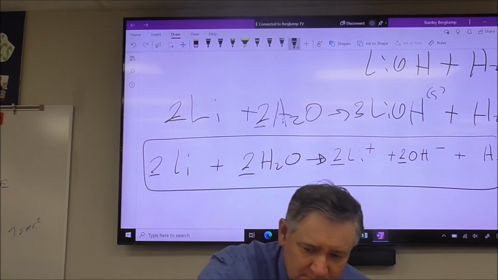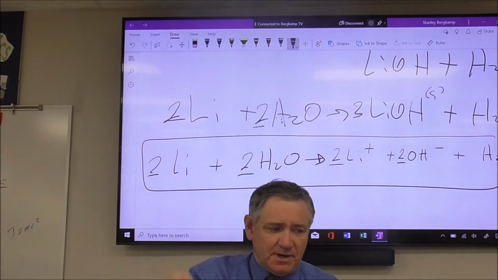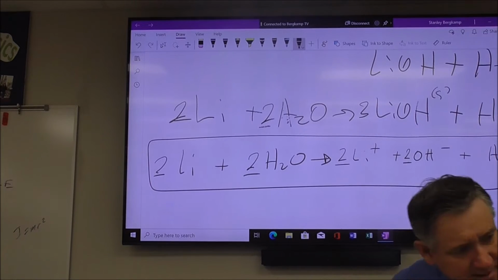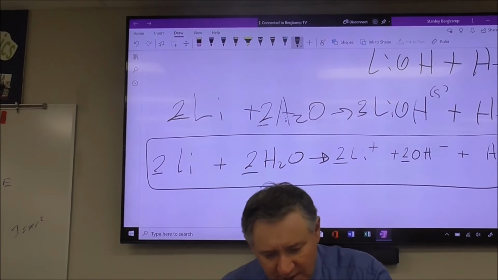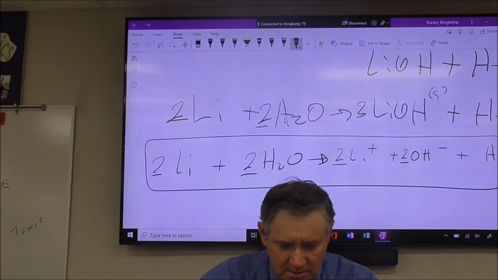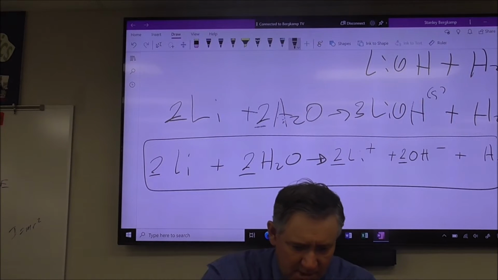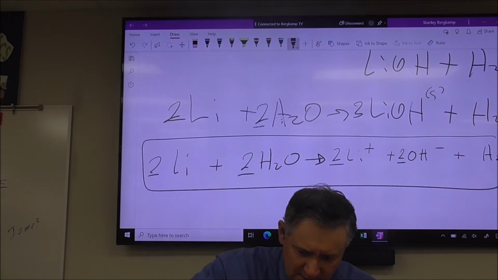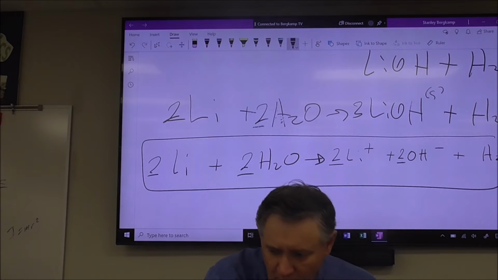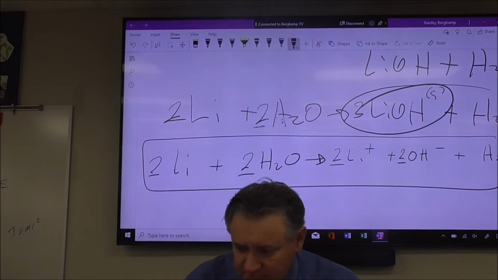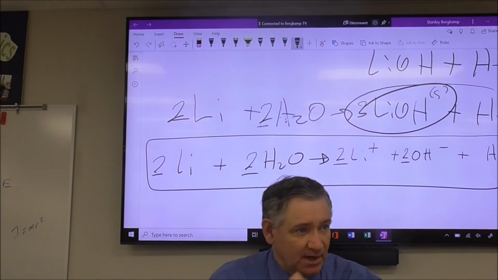Now, in here I have a bunch of lithium hydroxide. So to that, I'm going to begin to add some hydrochloric acid. So, in this, I have lithium hydroxide. That's basically what I have left in there, right?